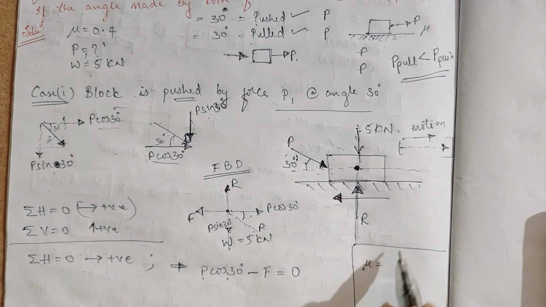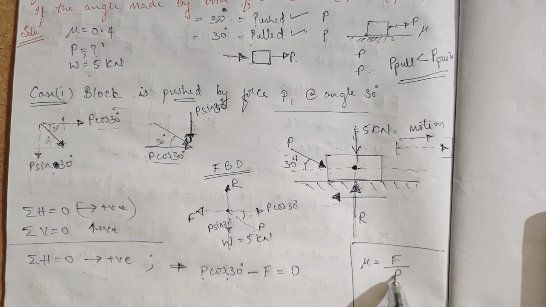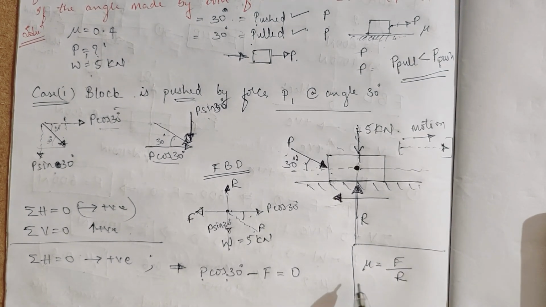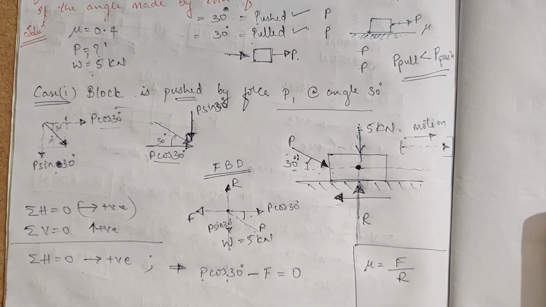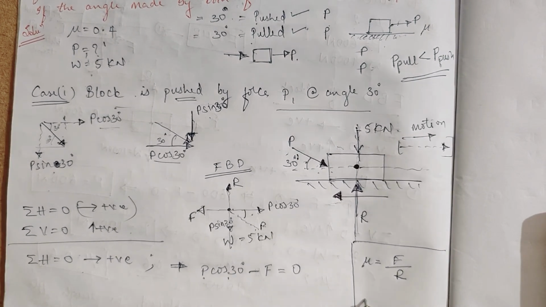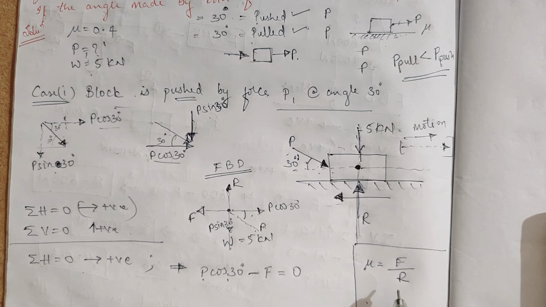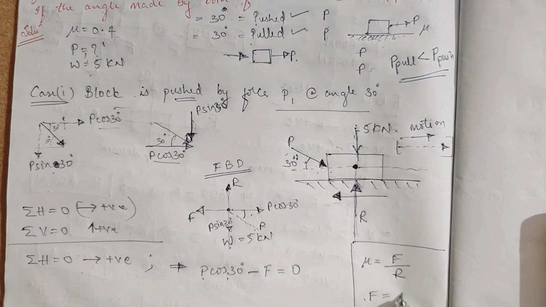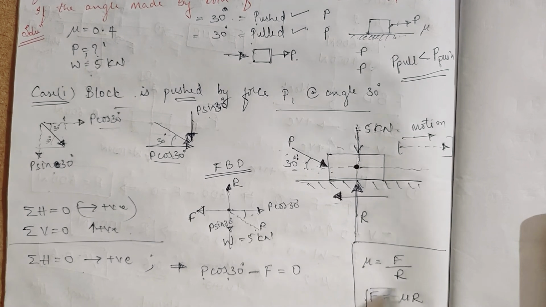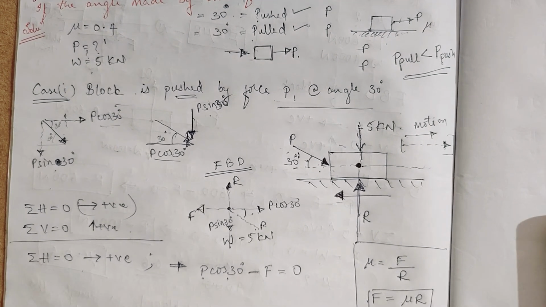So mu is equal to F by R. To make the calculation easy, I'll substitute for F, that is F is equal to mu into R.